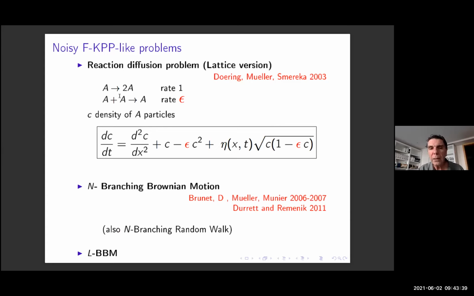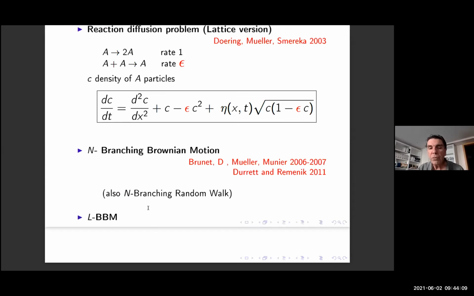If you add to it, with a small rate, the possibility that two particles which cross will coalesce, then you can show that it is a realization of the noisy Fisher-KPP equation. In fact, for the lattice version, this was shown by Derrida, Mueller, and Smereka about 15 years ago.